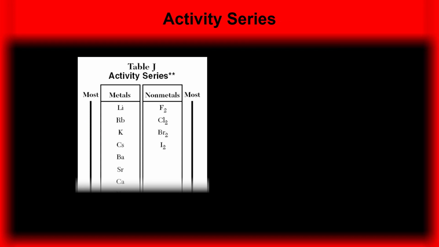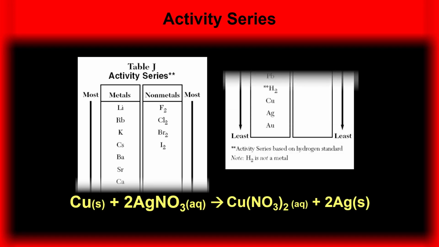So if we look at table J on your reference tables, and we look at the metals in table J, we will see that copper, right here, is higher than silver, which is right there.